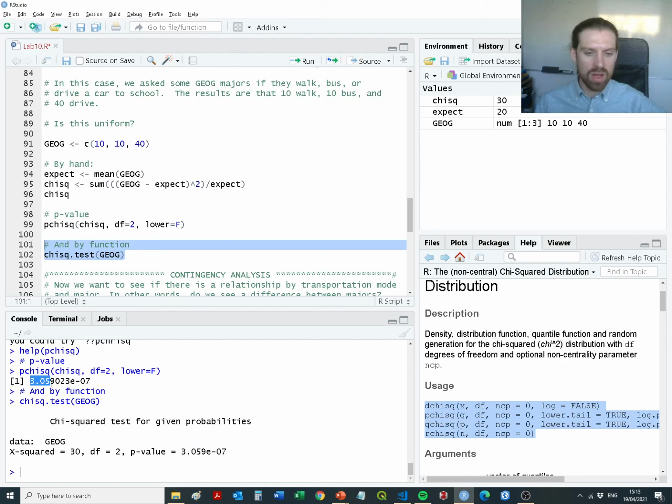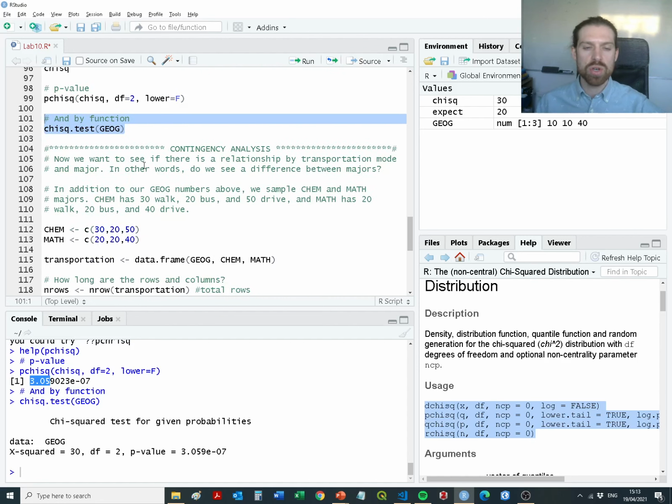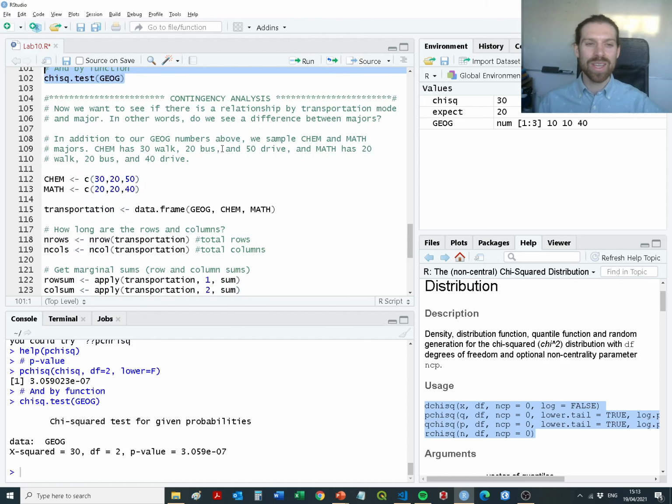So we end up with a very similar p-value of 3.05 times 10 to the minus 7 for that particular result. That means you can reproduce that answer in just a cheeky one-liner in R, in case you need to do that in the future.